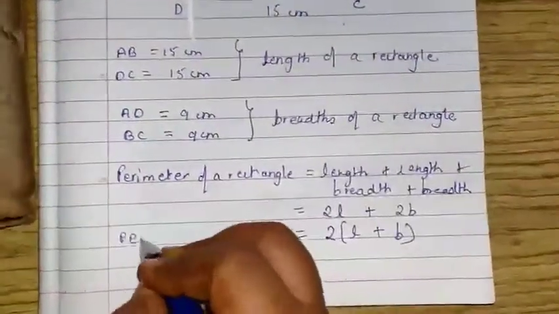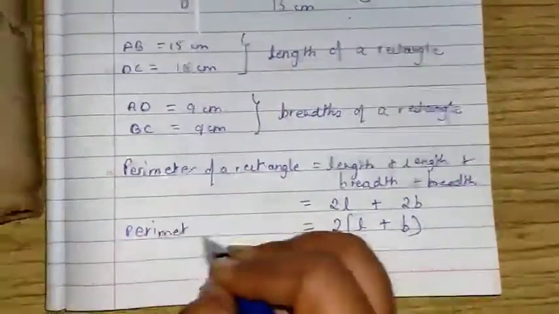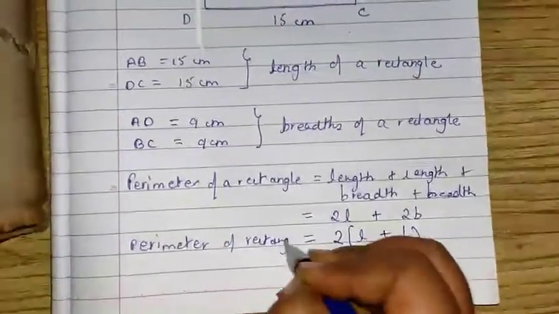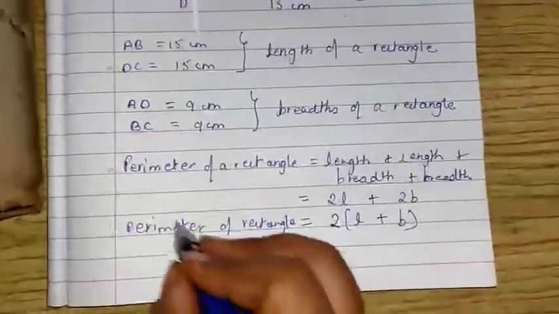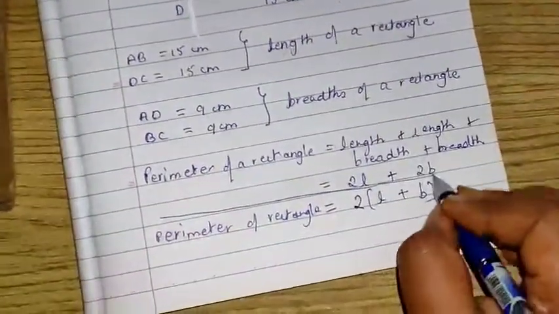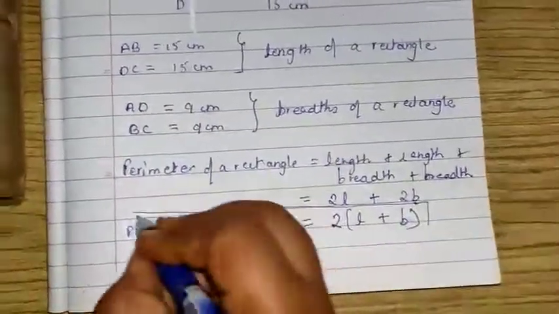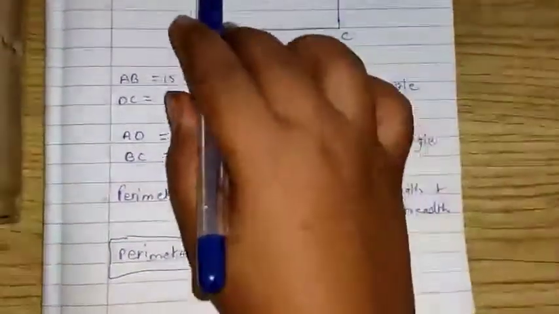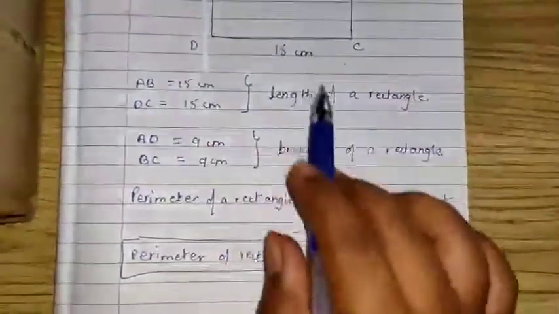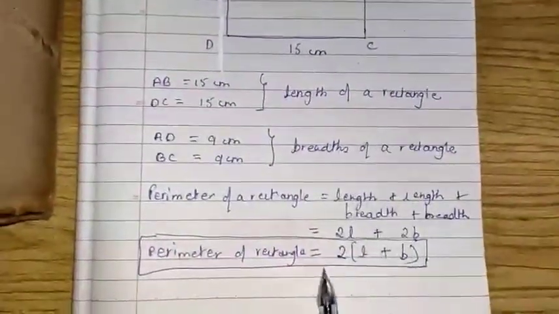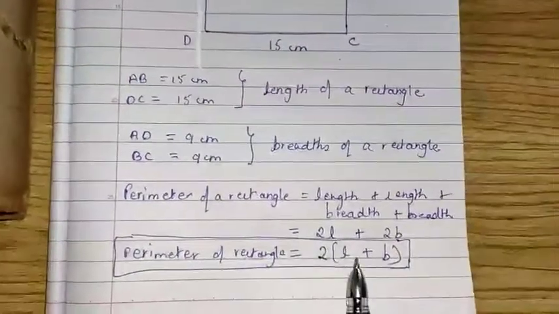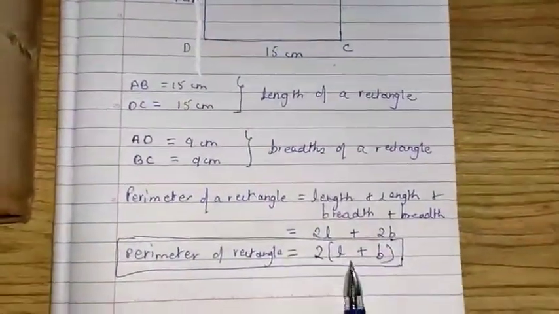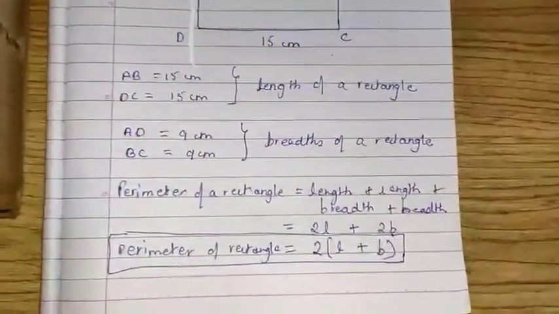So we have the formula of a rectangle to find the perimeter: twice length plus breadth. So we don't need to calculate all the sides by adding again and again. So this is the formula to find the perimeter of a rectangle.